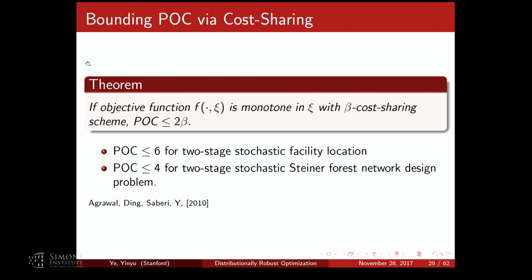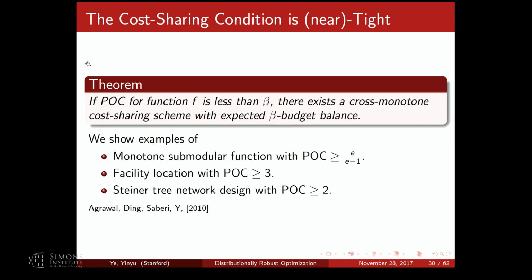This is the monotone beta theorem: basically, POC is less than 2 beta. In this case, we have proofs. For facility location problems, you can safely assume demands are independent, and then POC should be less than 6. For some other problems, such as Steiner forest and network design problems, you can prove beta is less than 2.